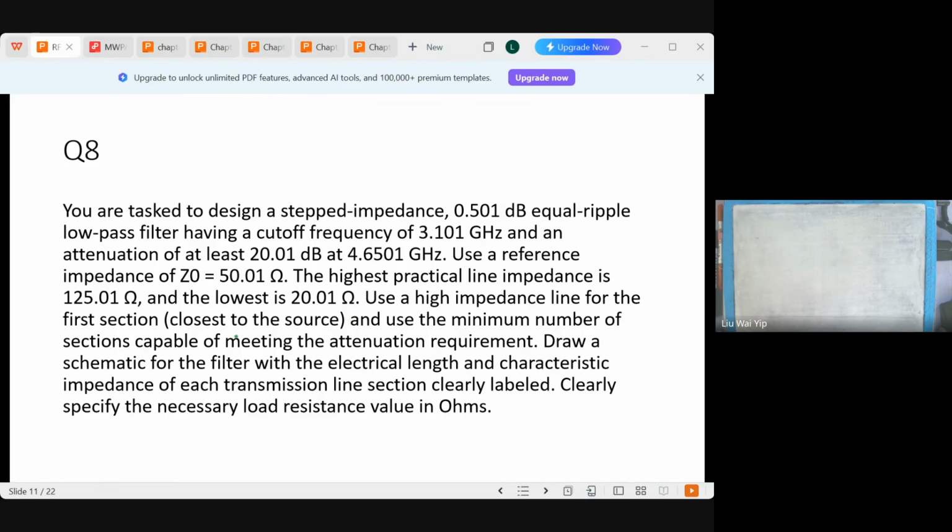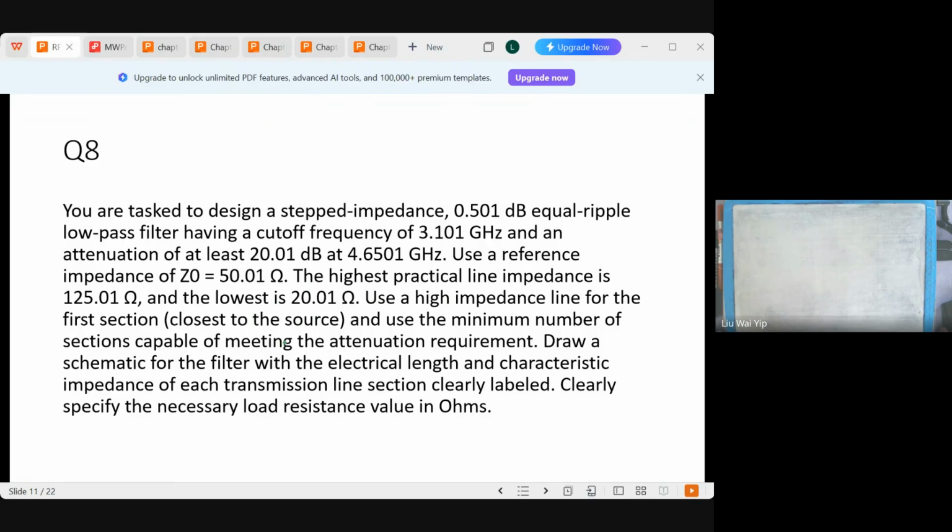The reference impedance is 50 ohm, and you are given the highest impedance, 125 ohm. The lowest impedance is 20 ohm.